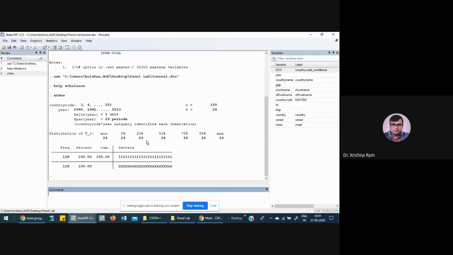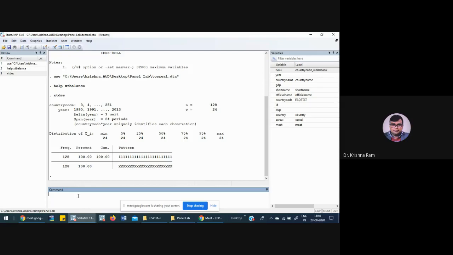It is because each cross-sectional unit contains the same time period, and you can also see that through the graph. So this means our data set is a balanced panel data set.